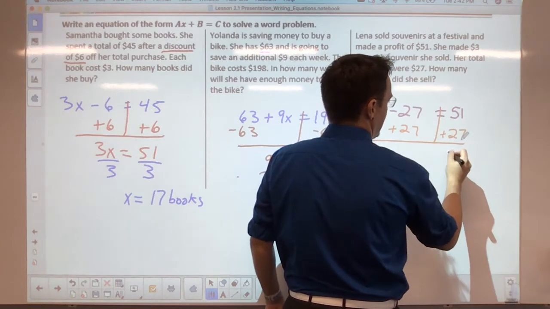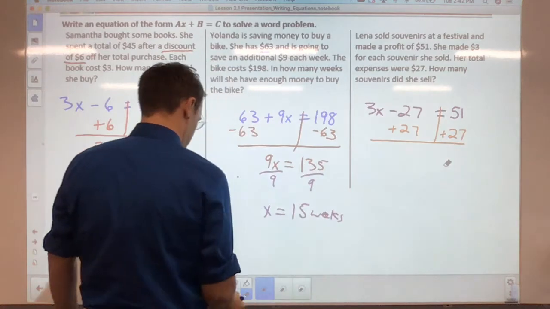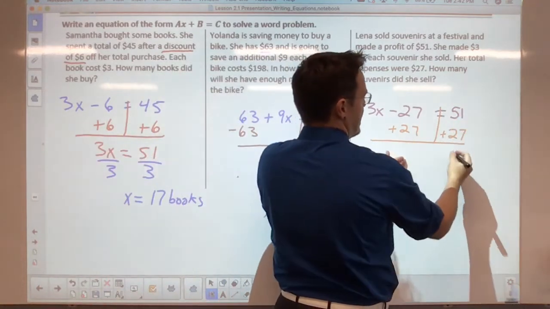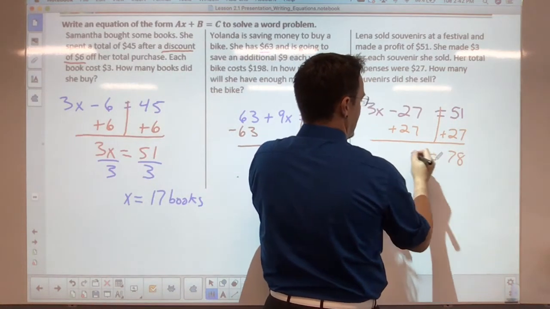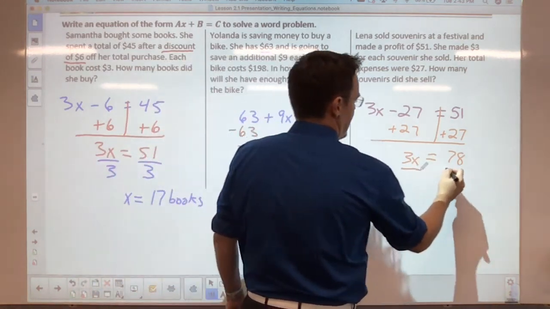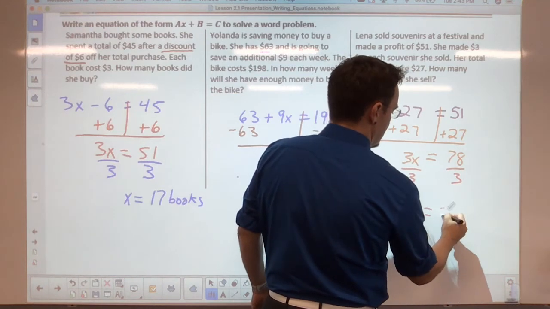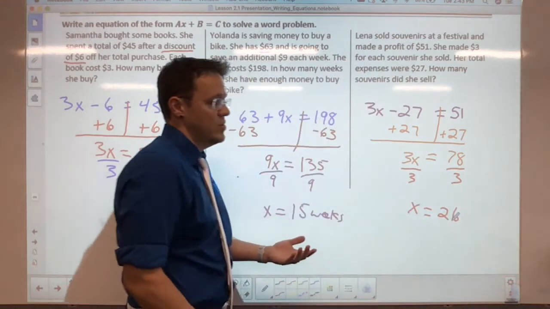Add 27, so we know here this is going to be 78 equals 3x. And you divide both sides by 3, and you get x equals 26 souvenirs.